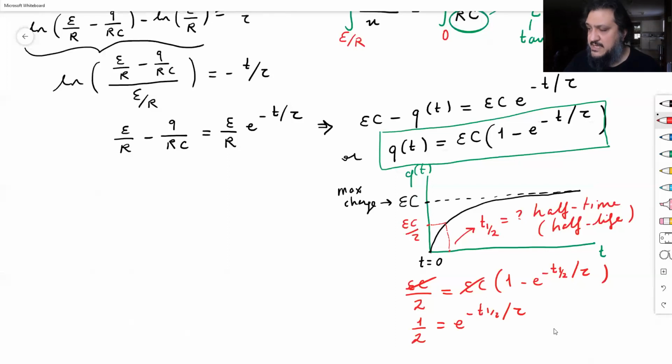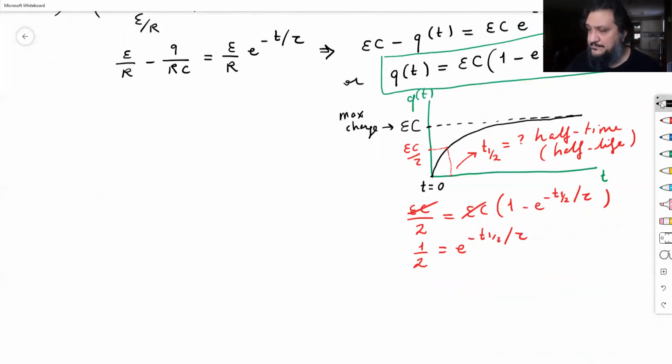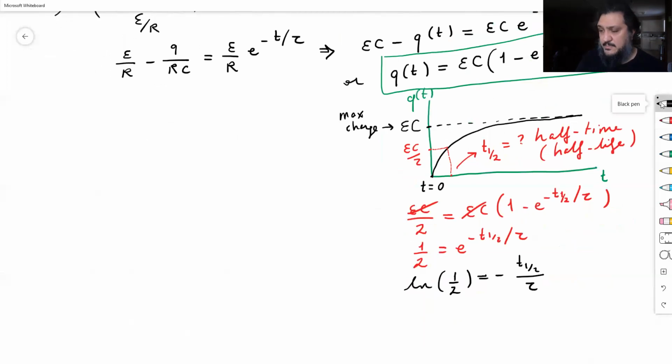Okay, so just take the logarithm now. ln 1/2 is equal to negative T1/2 divided by tau, right? So any number less than 1 will give you a negative number. So take this negative and then make this ln2 and then solve for T1/2, and you will get T1/2 is equal to tau, which was RC, times ln2. Okay.